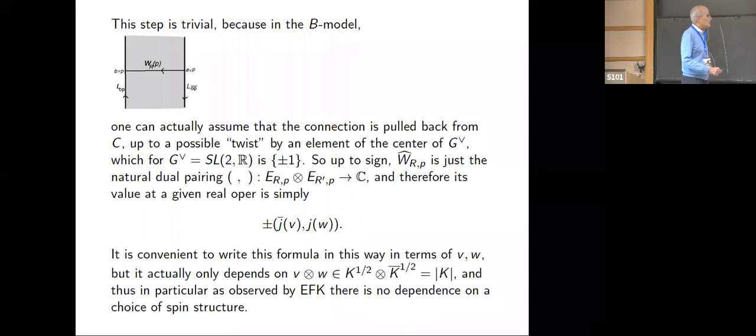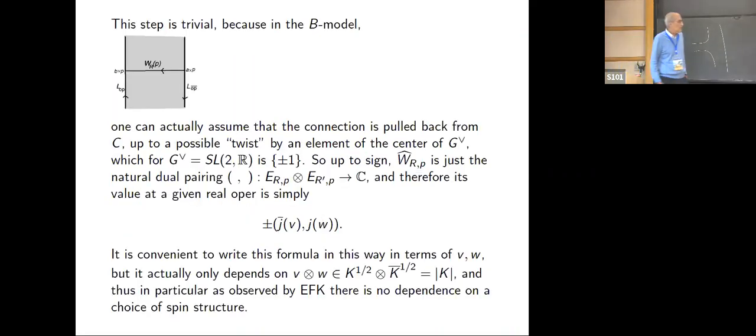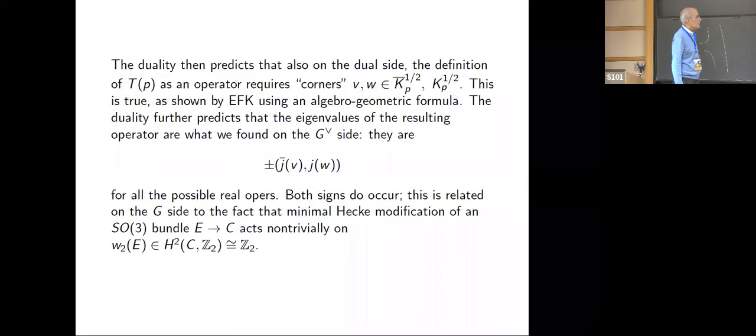So up to sign, W hat is just the natural dual pairing between the two fibers, and therefore its value at a given real oper is simply, up to sign, which comes from the center of the group, the pairing in the two-dimensional representation of SL2 between the two vectors. So this is the answer of Frenkel, Gaitsgory, and Kazhdan for the eigenvalues of the Hecke functors.